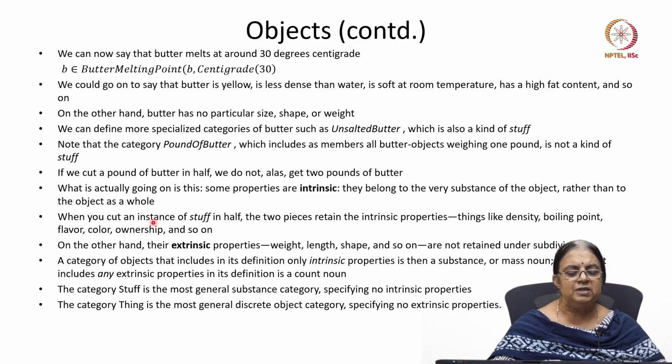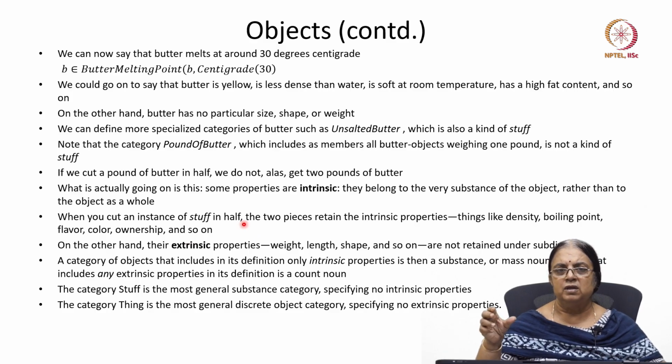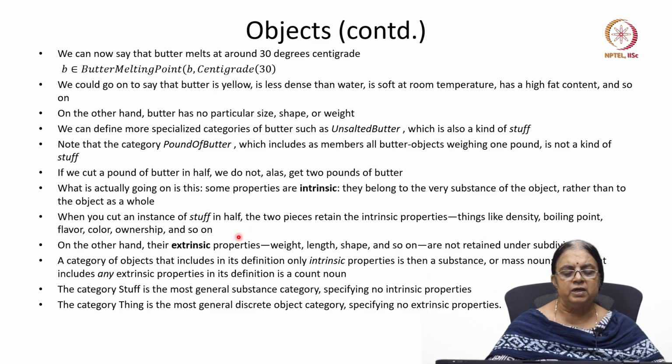So basically you can talk about two types of properties. If you take something like stuff, in the sense something like butter, there are two types of property: the intrinsic property and the extrinsic property. The extrinsic property will be something like what is the weight, what is the length, what is the shape, etc. And these will not be retained when you do the subdivision, but the intrinsic properties will be maintained.